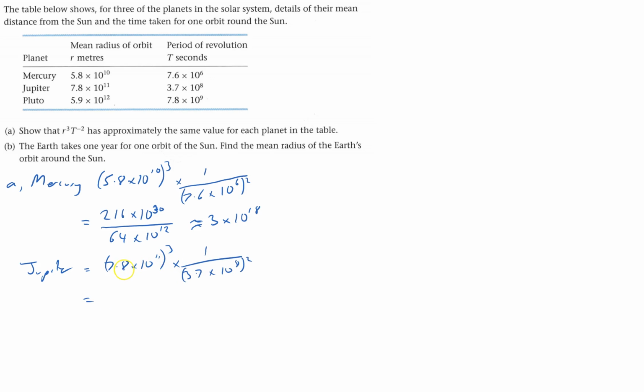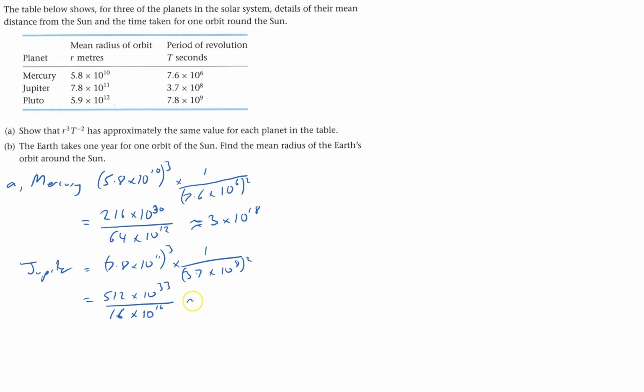Call that 8. 8 cubed is 512 times 10 to the 33 all over, call that 4 squared, 16 times 10 to the 16.